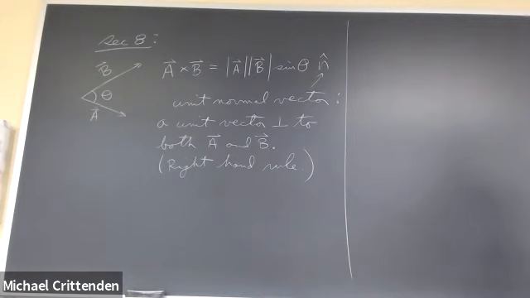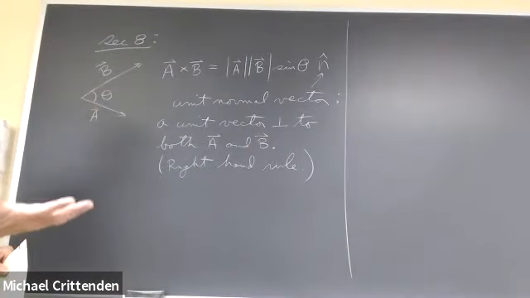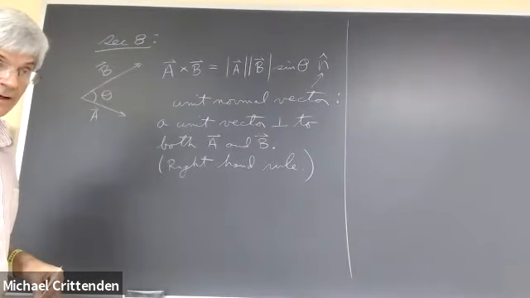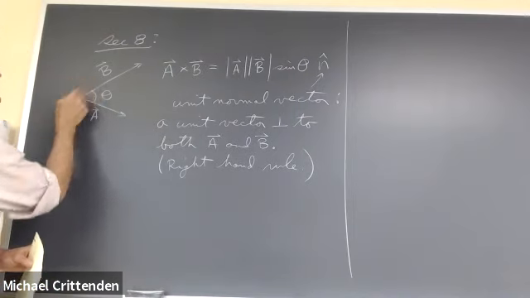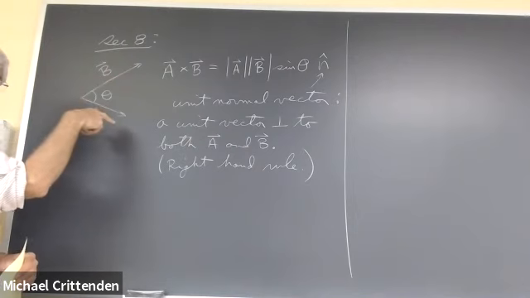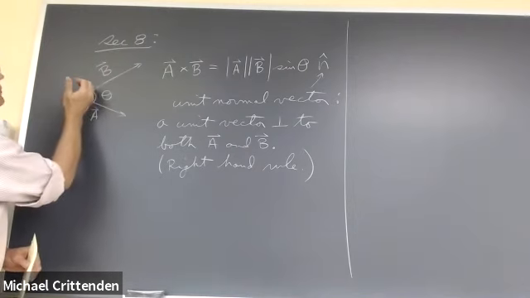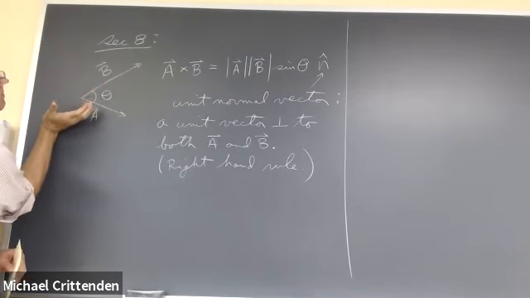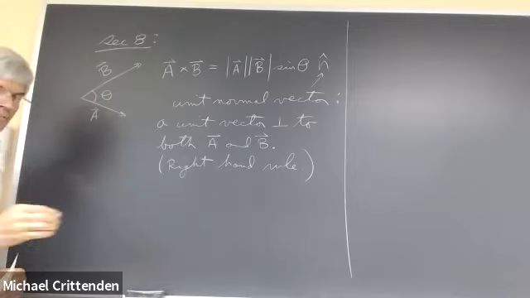There's different variations on how it gets explained, but it usually goes something like this. If you take your right hand, that's why they call it the right-hand rule, you think of both vectors as sticking out of the origin. Wrap your fingers around the origin, pointing from the first vector toward the second one.